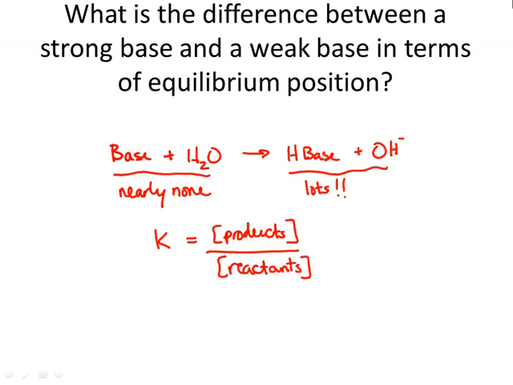And in this case, I have lots of product and really no reactant. And so that means this top number is really large, big, and this bottom number is really small. And so we would say that the K would be big. And we would also say that our equilibrium position favors products.